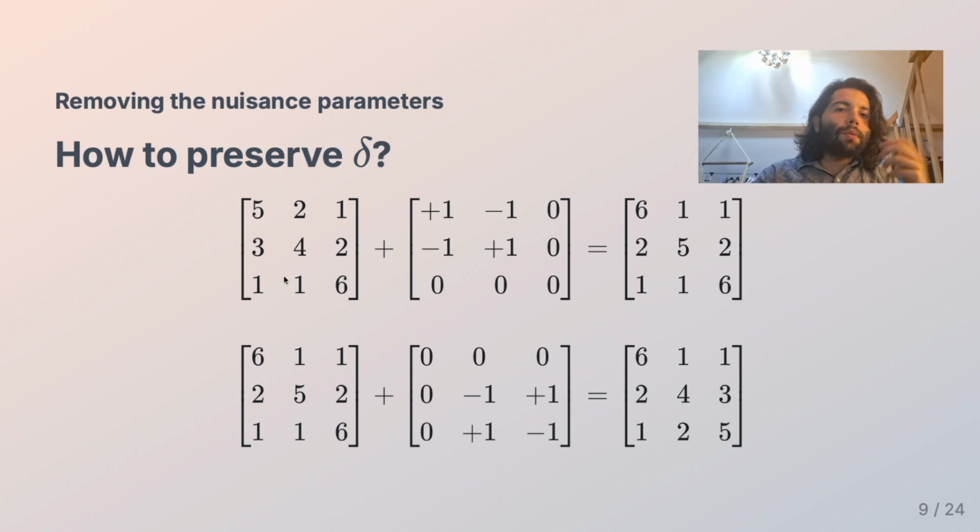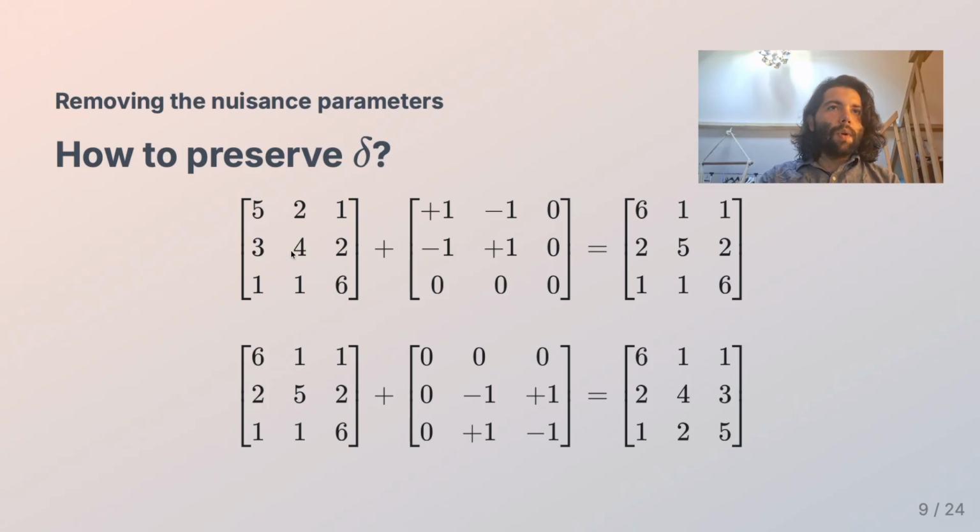If I start with some network and I want to make some other network, I need to change at least one entry. Let's assume that I change the first entry. In this example, I change this 5 by adding 1, so I end up with 6 here. But I need to preserve the sum of the first line, so if I added 1 somewhere, I need to subtract 1 somewhere else. I will subtract 1 in this 2. But now, since I subtracted 1 in this 2, I need to add 1 somewhere in this column.